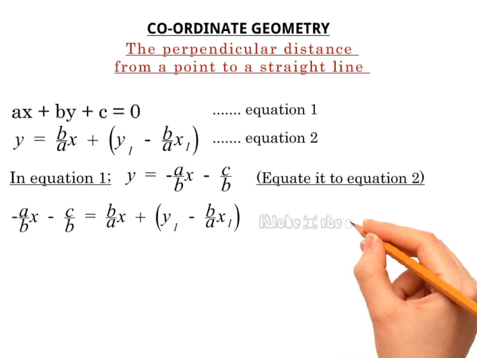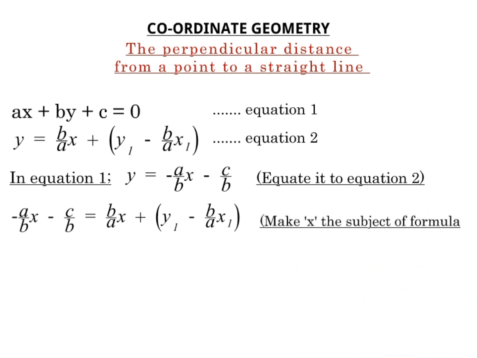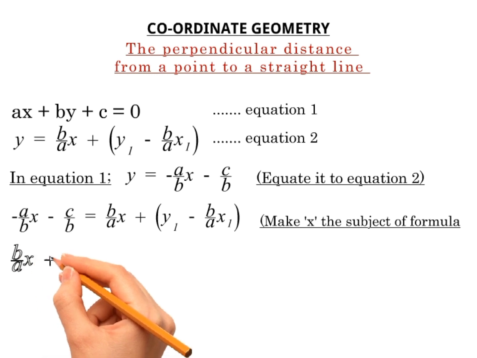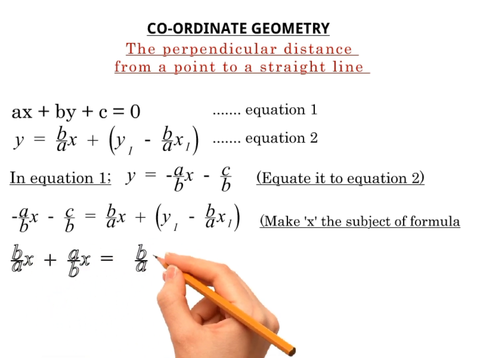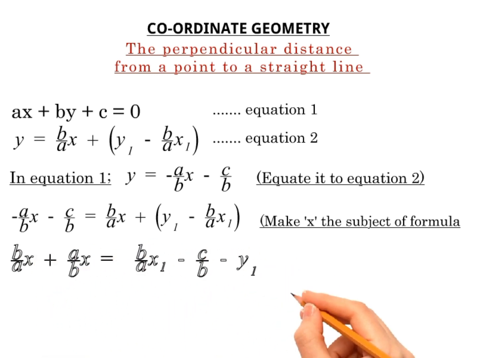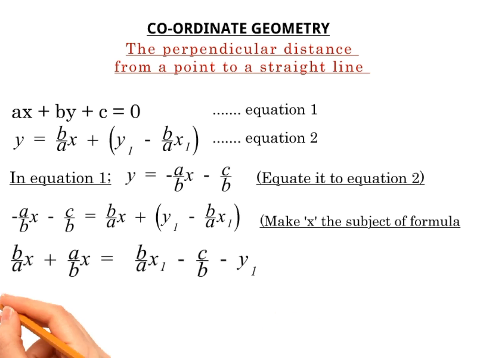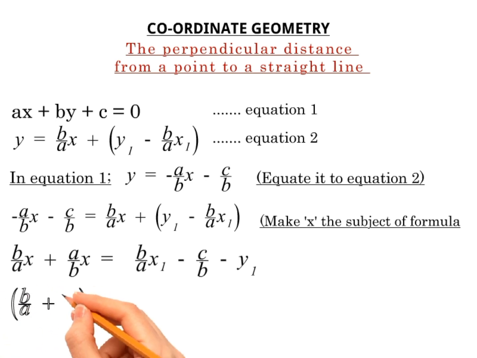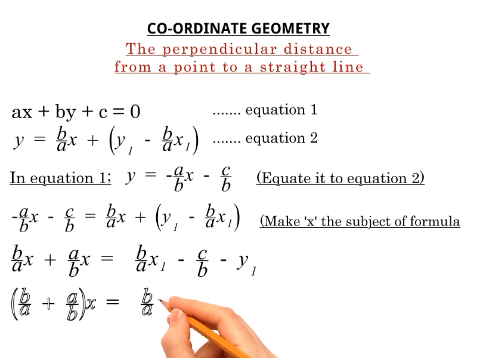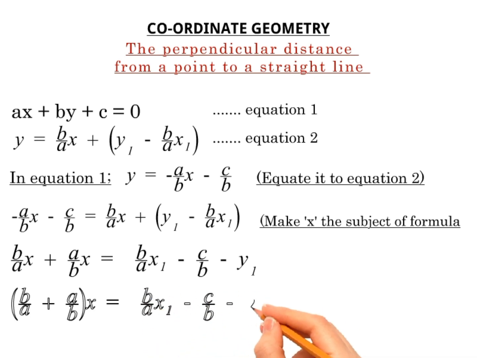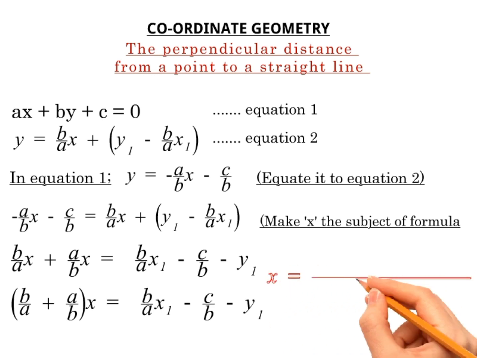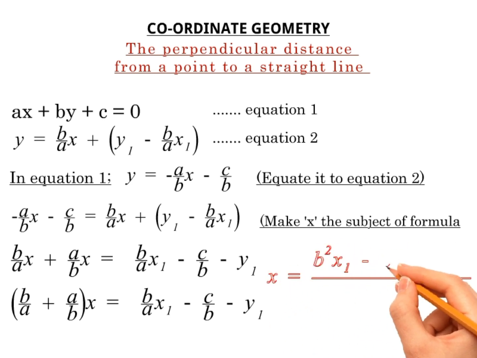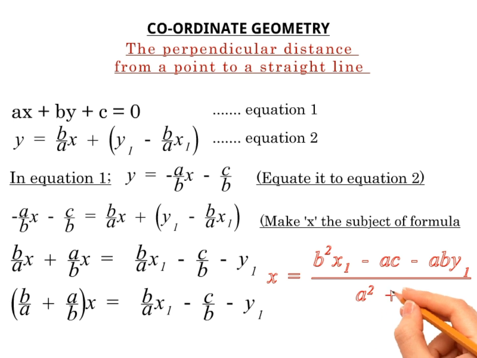By bringing the factors of x to one side of the equation, b over a x plus a over b x equals b over a x1 minus c over b minus y1. This further simplifies to b over a plus a over b, times x, equals b over a x1 minus c over b minus y1. So finally, x equals b square x1 minus ac minus ab y1, over a square plus b square.